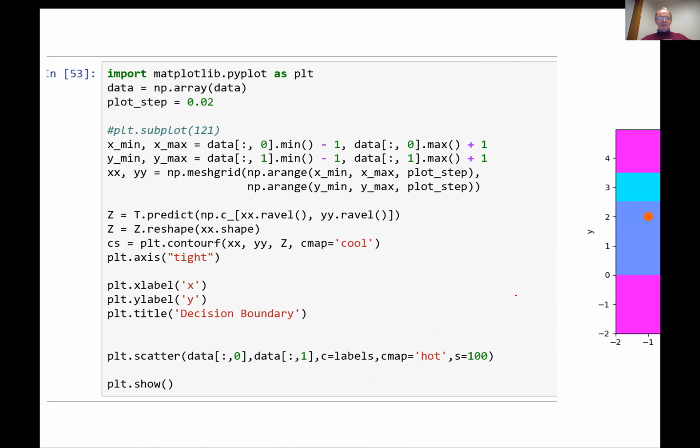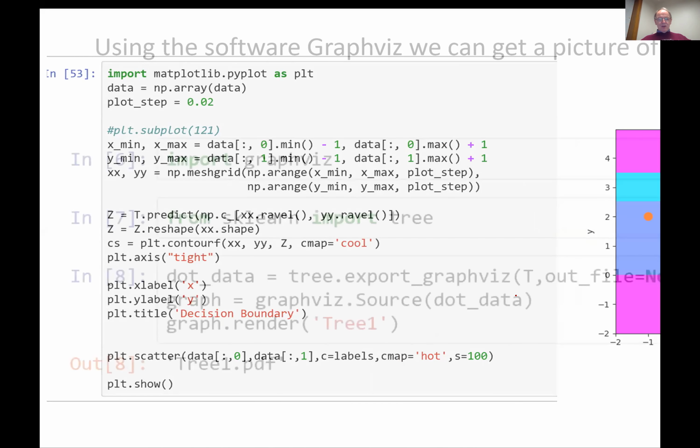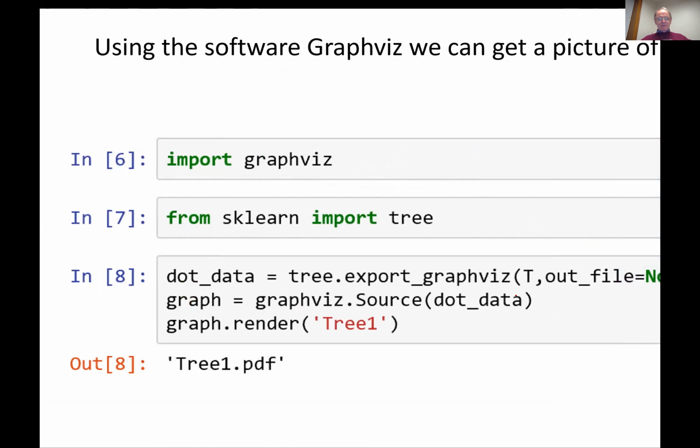And here's a little code that shows the decision boundaries and the way it splits the plane into regions. That's using some software called Graphviz, which you can also install, and it will draw the picture of the trees.